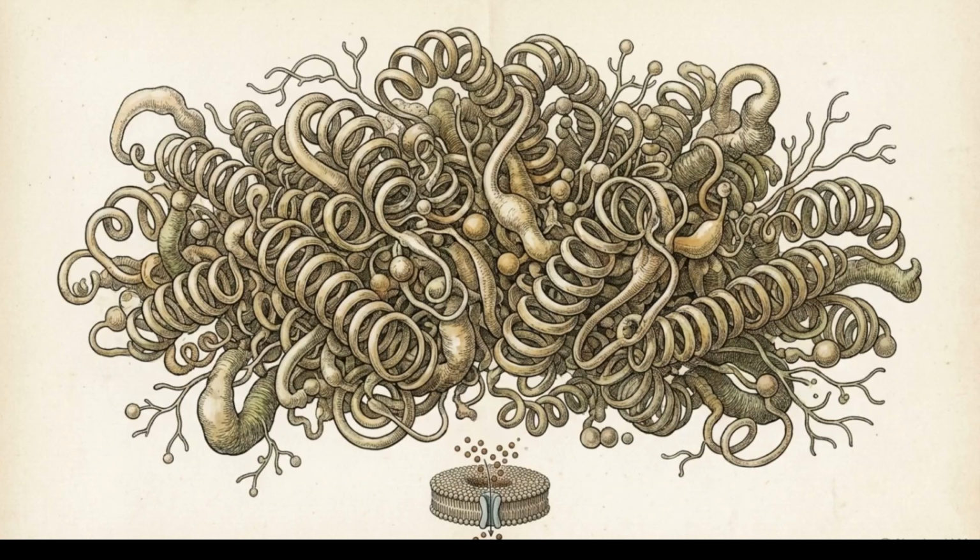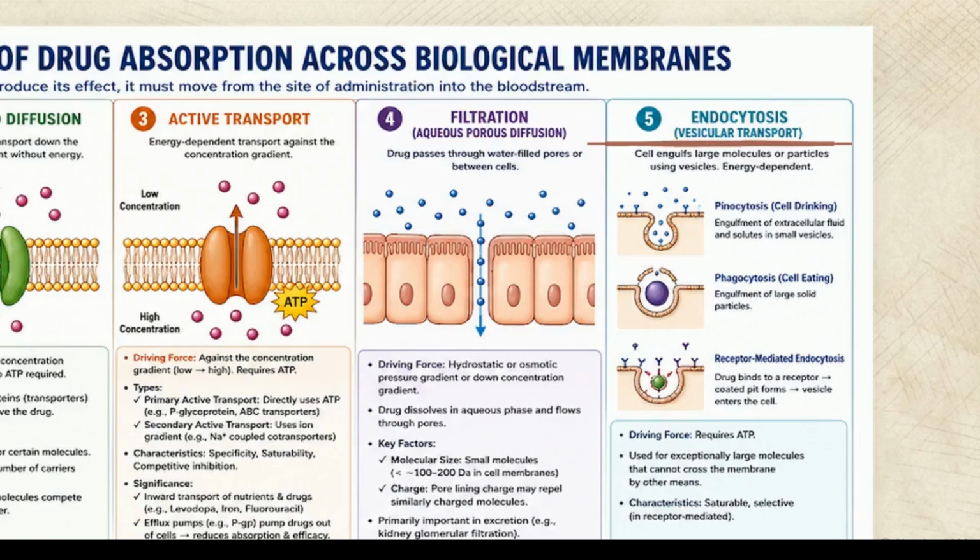We are left with one extreme edge case. How do exceptionally massive therapeutics, like large proteins, vaccines, or nanoparticles, breach a membrane when they completely dwarf standard transporters? The final column illustrates the solution: endocytosis, or vesicular transport.